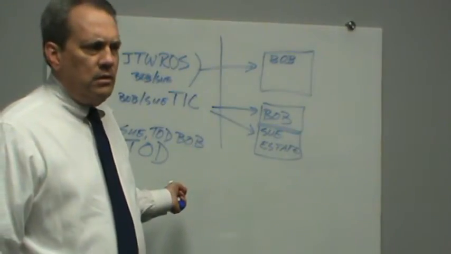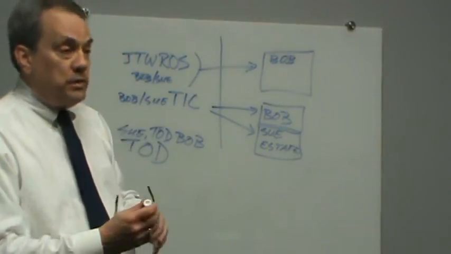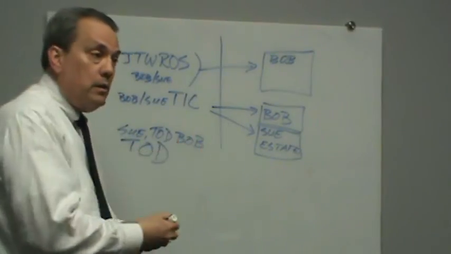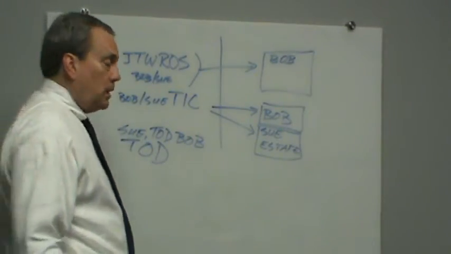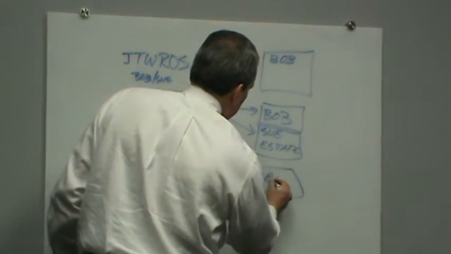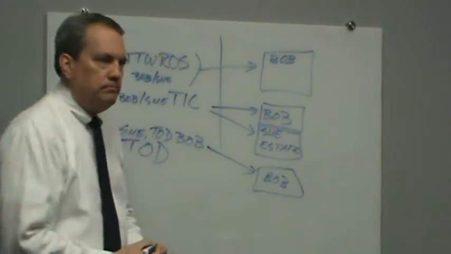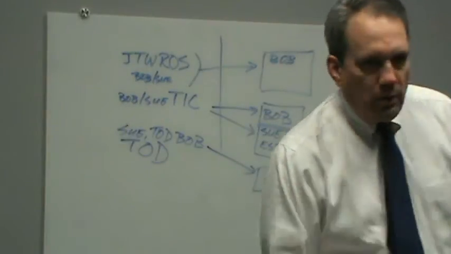No. As long as she was alive, it was hers. But when she passed away, she said, I want it to go here, I want it to go there. That's what happened. Sue has said, when I pass away, I want this stuff to go to Bob. And it does. So those are the three types of joint accounts and what happens when one of the account holders dies.